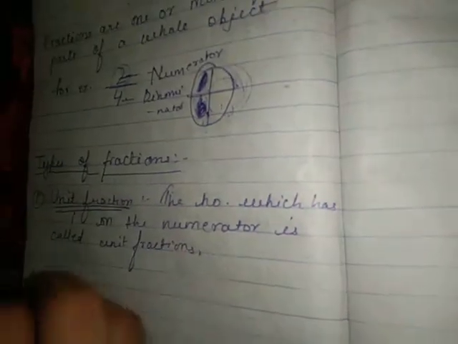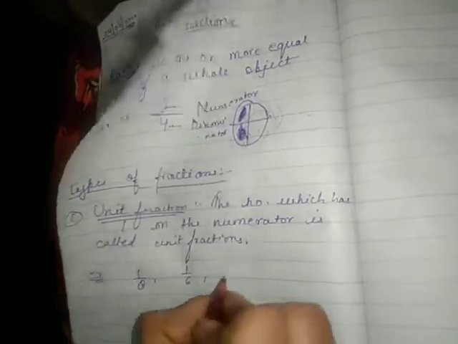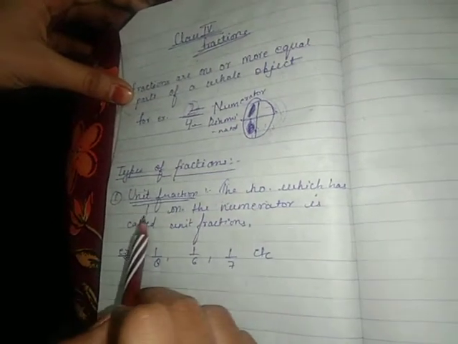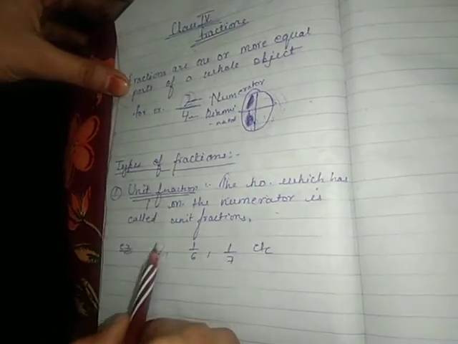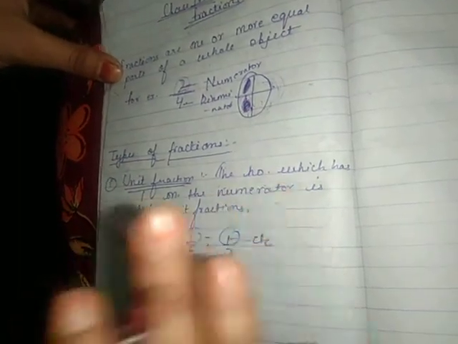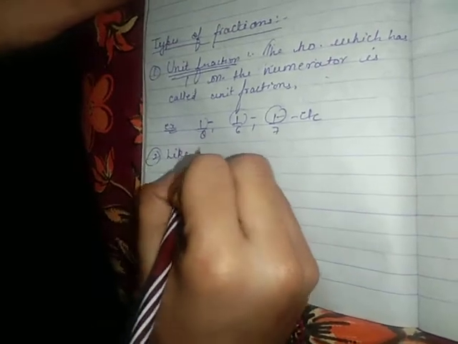Understood? For example, 1 upon 8, 1 upon 6, 1 upon 7, etc. I have told you that the number which has 1 on the numerator, meaning 1 on the upper side, is called a unit fraction.